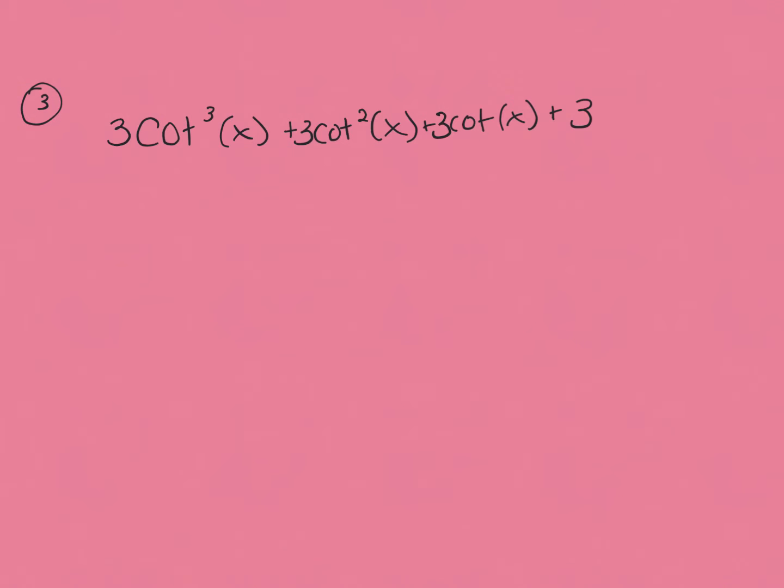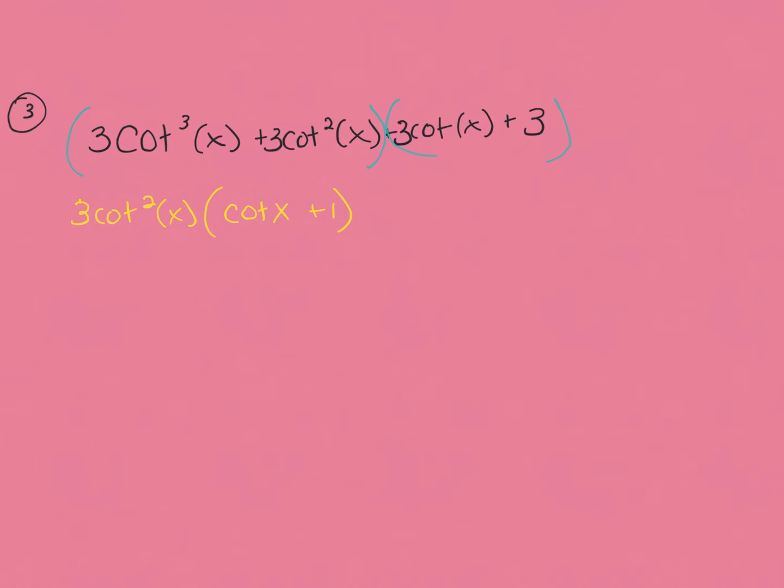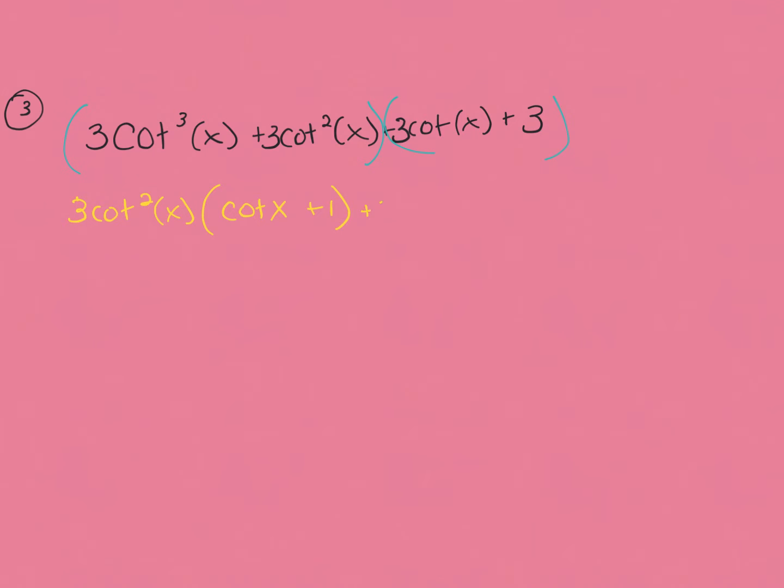Yes. Okay. Then it said factor the expression. So there's 4 terms. We're going to factor by grouping. I'm going to group these and these. From the first one, I can take out a 3 cotangent squared x. And it would just be 1 cotangent x plus 1. Then I can take out a 3, and it would be cotangent x plus 1.